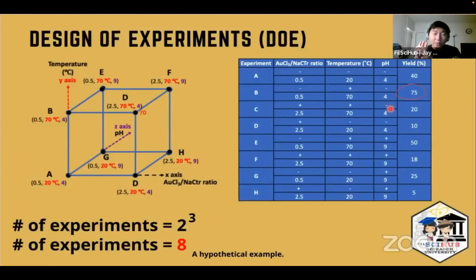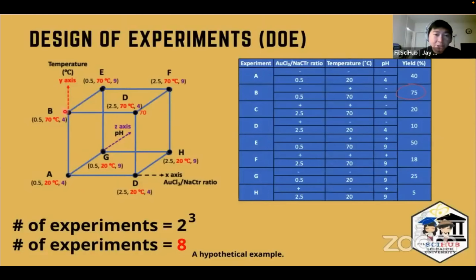So what we try to do when we carry out design of experiments is that we take bookend values from each of those variables. So let's say the concentration ratio, lowest to highest is 0.5 to 2.5. So, nandito po yan. So this is the concentration ratio. And then you have the temperature axis, right over here.